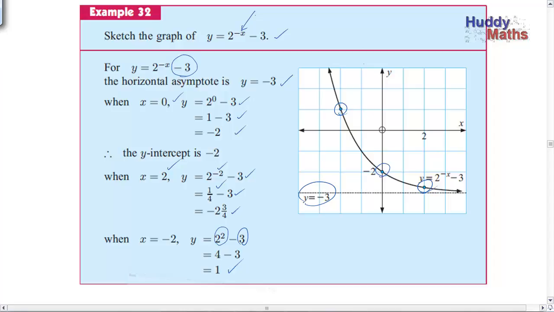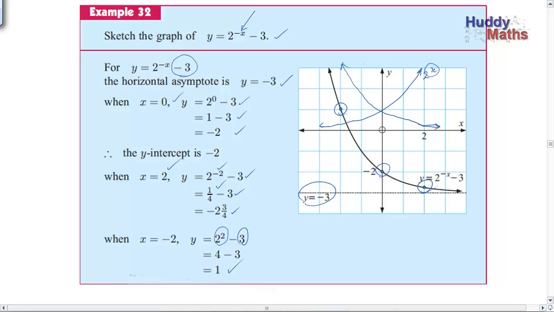If you put a neg x in there, it's a translation of the original graph. Let's try and draw the original graph now. The original graph would have been like that, 2 to the x. By putting in neg x there, we're going to reflect it in the y-axis, and it's going to come down like that.